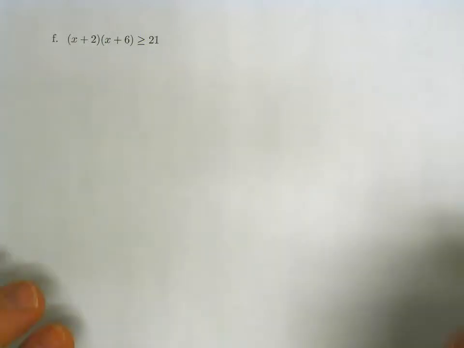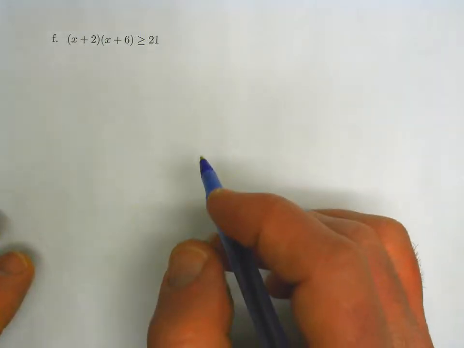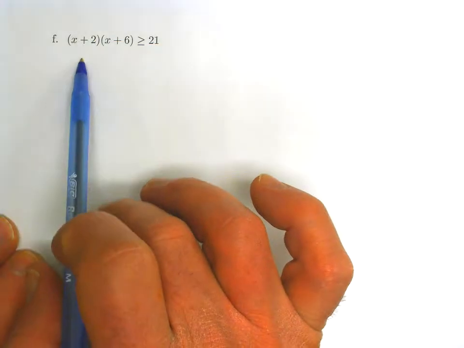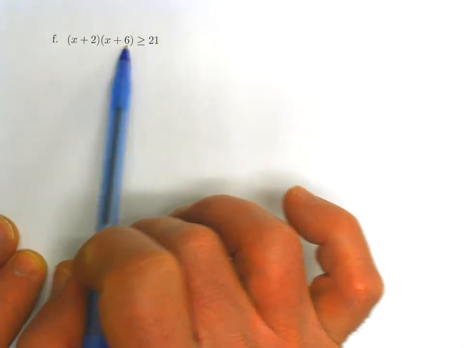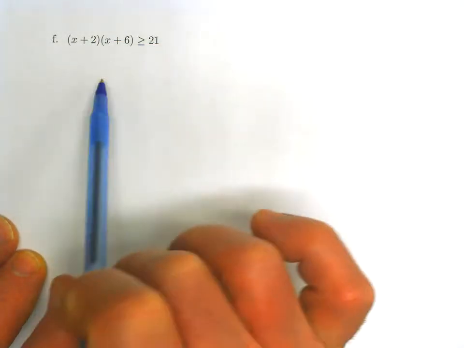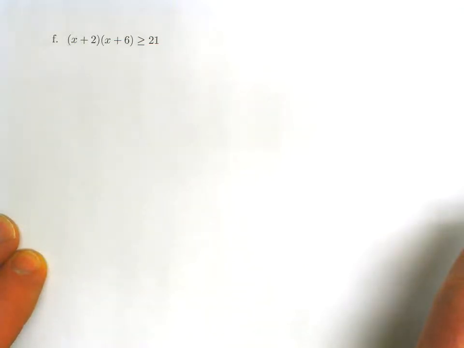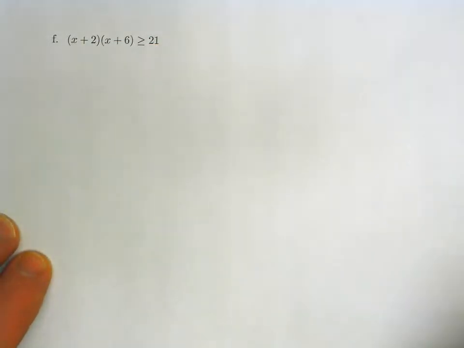But I think it's going to be more straightforward if we multiply those two binomials, set one side equal to 0, and then solve a quadratic equation using the quadratic formula or some other valid method.